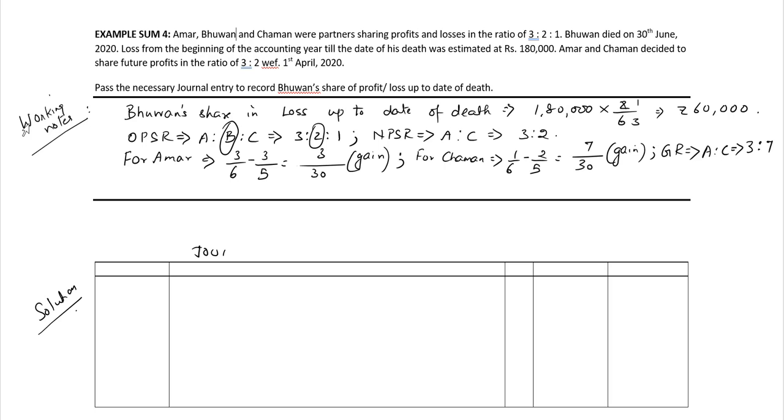Journal. Date, particulars, LF number, debit rupees and credit rupees. The date of Bhuvan's death is 30th June 2020.